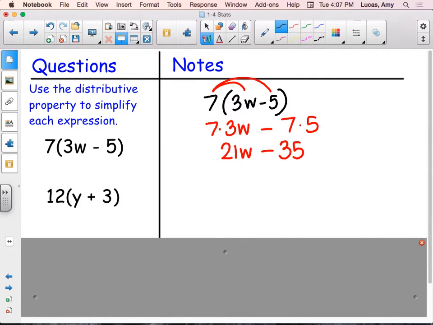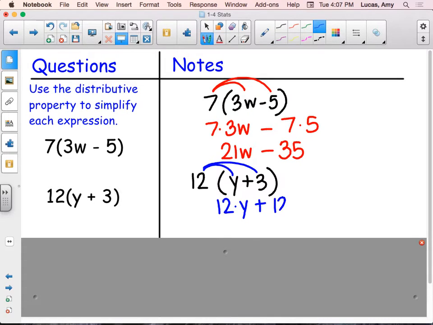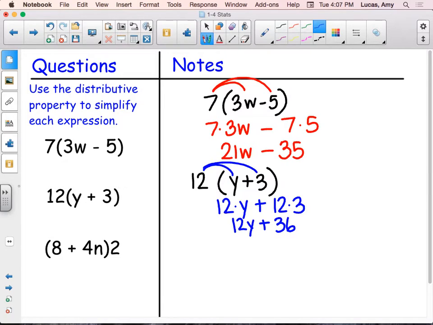Our next example is 12 times y plus 3. If I distribute 12 times y plus 3, it means 12 times y plus 12 times 3. 12 times y is 12y, and 12 times 3 is 36. So 12 times y plus 3 is simplified to 12y plus 36.